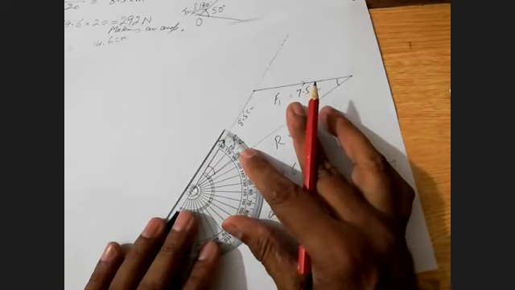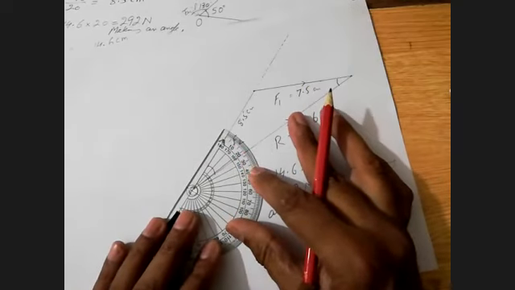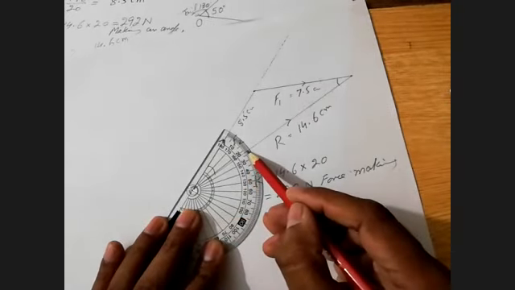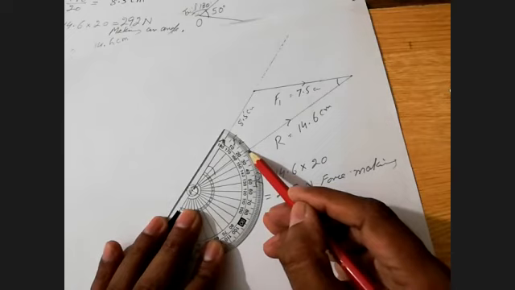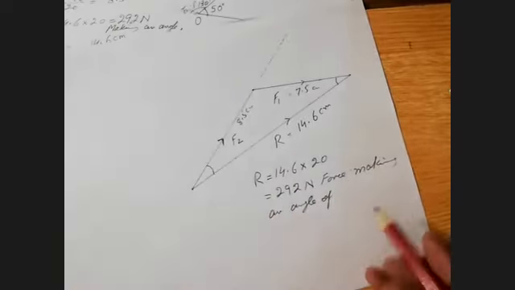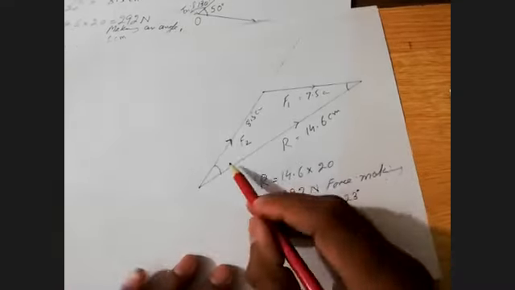I am measuring the angle. Normally people take the angle from the first force which you have joined. This is 23 degree, almost 22 something.